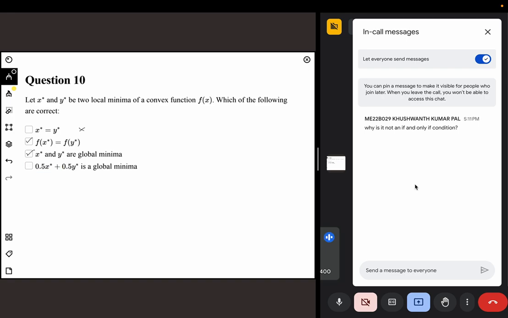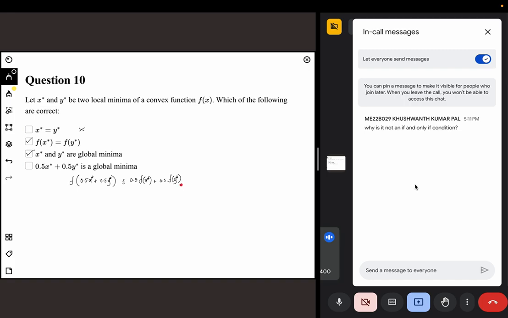And what about the last one? When you take 0.5 x star plus 0.5 y star, how did you come up with this? It's a global minima. For it to be convex, when you take a linear combination, by definition, f of 0.5 x star plus 0.5 y star should be less than or equal to 0.5 f of x star plus 0.5 f of y star.